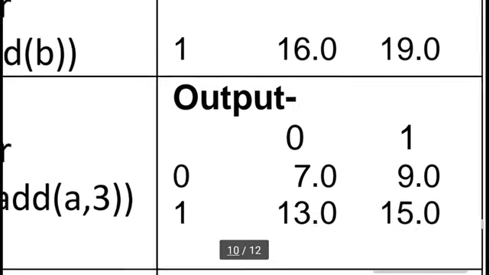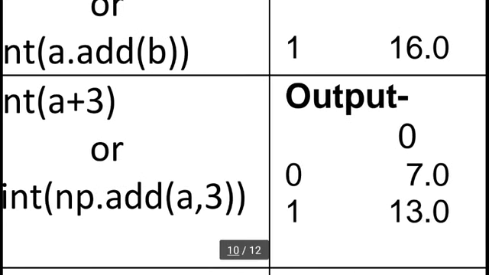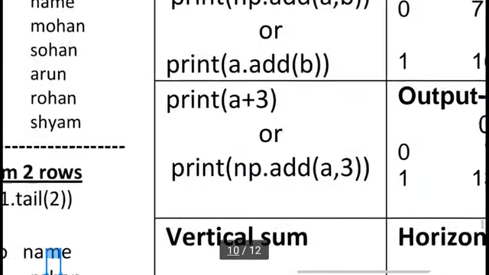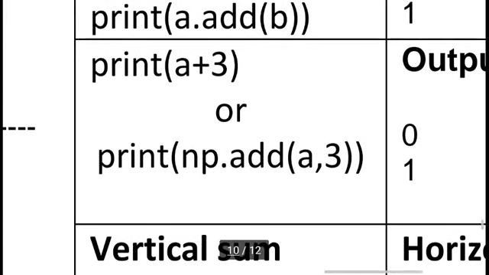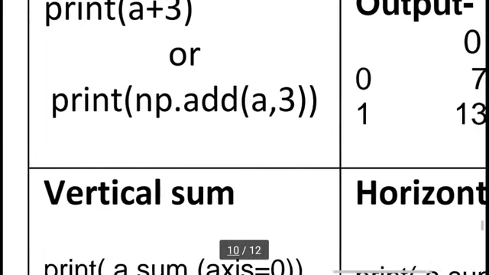Each and every element of data frame A will be added by 3. The same statement we can write using numpy np.add. Last time I used a, b, but here I am using a, 3. This is a scalar operation. So the same thing we can perform in different ways.